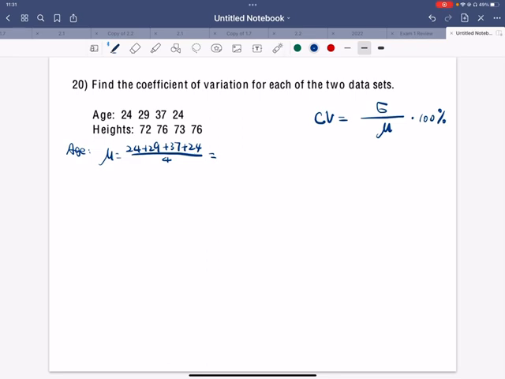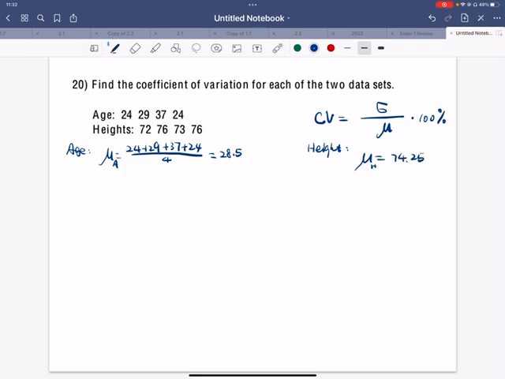Click run, and we have 28.5. For height, mu: 72 plus 76 plus 73 plus 76, and then divide by 4, we have 74.25.